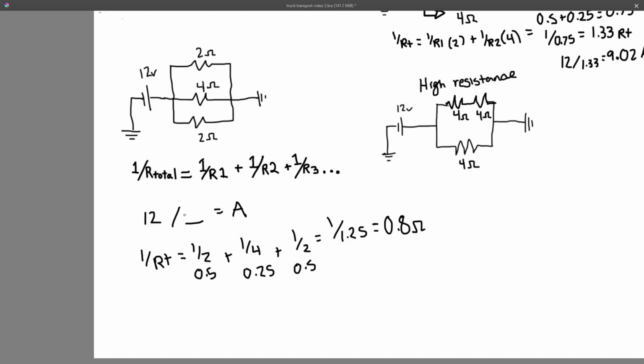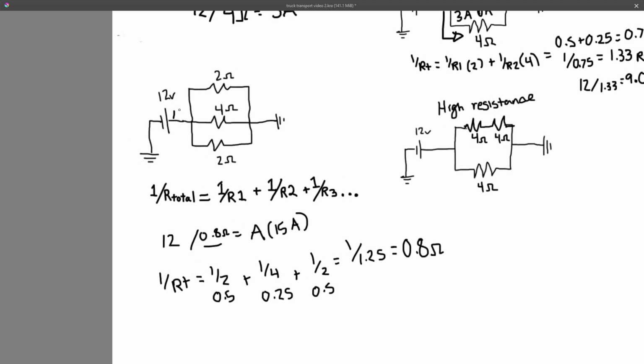So that's our total circuit resistance, 0.8 ohms. 12 divided by 0.8 would give us a total circuit amperage of 15 amps. So we have 15 amps coming in.